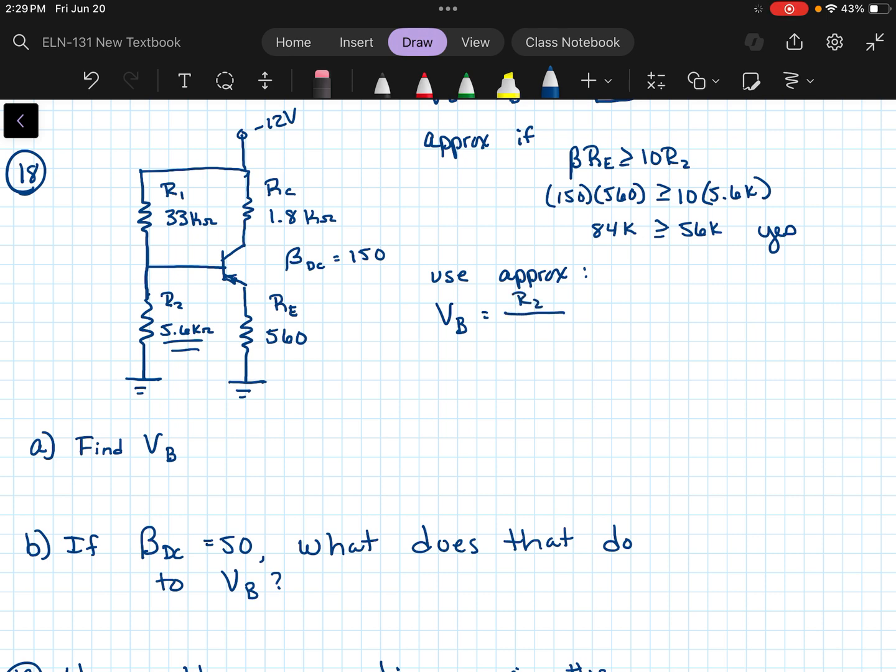We would use the same voltage divider equation that we used to find E Thevenin in the previous problem, but now this gives us VB. So we've got 5.6K over 33K plus 5.6K times the negative 12 volts, which should be negative 1.74.